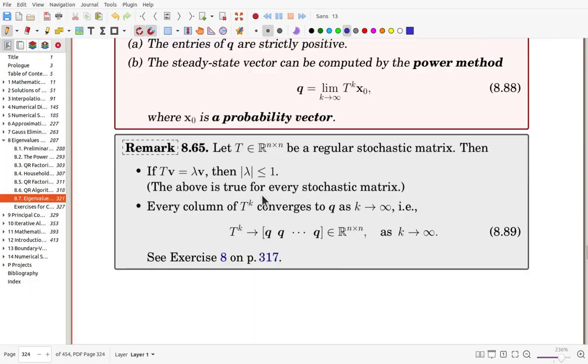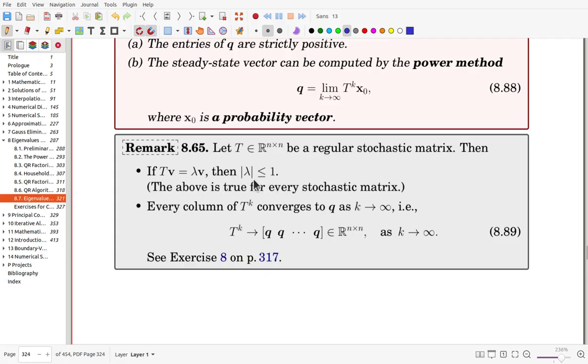Okay, we have a remark. T is a regular stochastic matrix. If lambda is an eigenvalue, then the absolute value of lambda is bounded by 1.